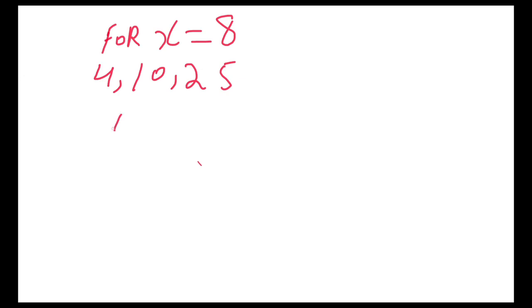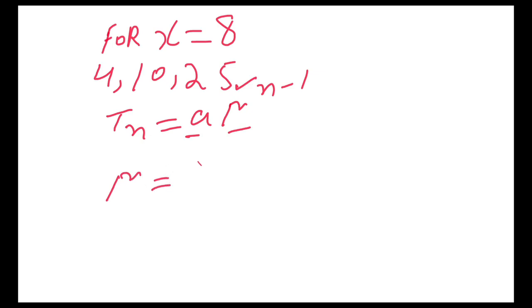So Tn is equal to a r to the power n minus 1. So we're looking for the first term and the ratio. Let's find the ratio first. The ratio will be 10 divided by 4. But remember, this is term 4, this is term 5, this is term 6.